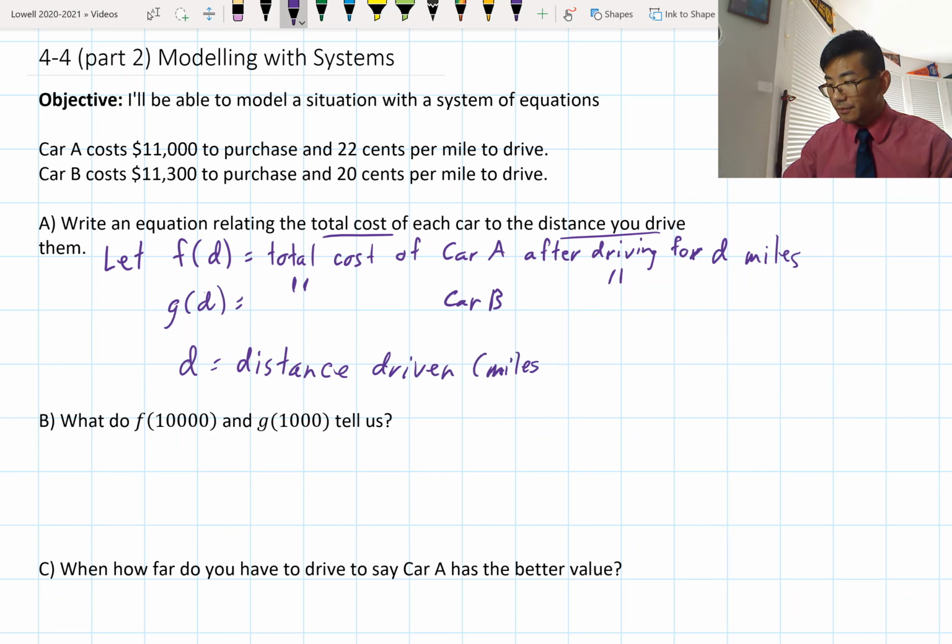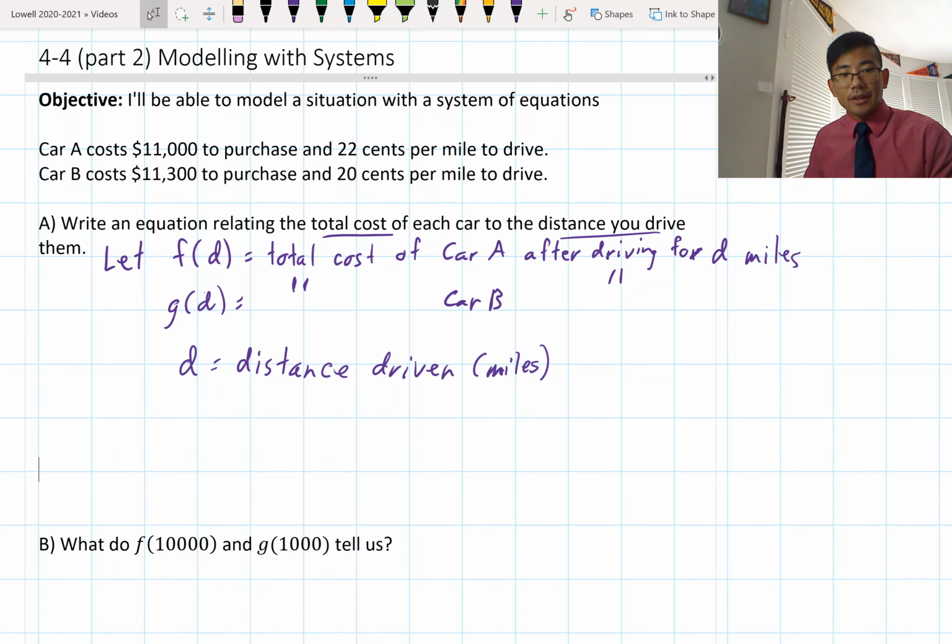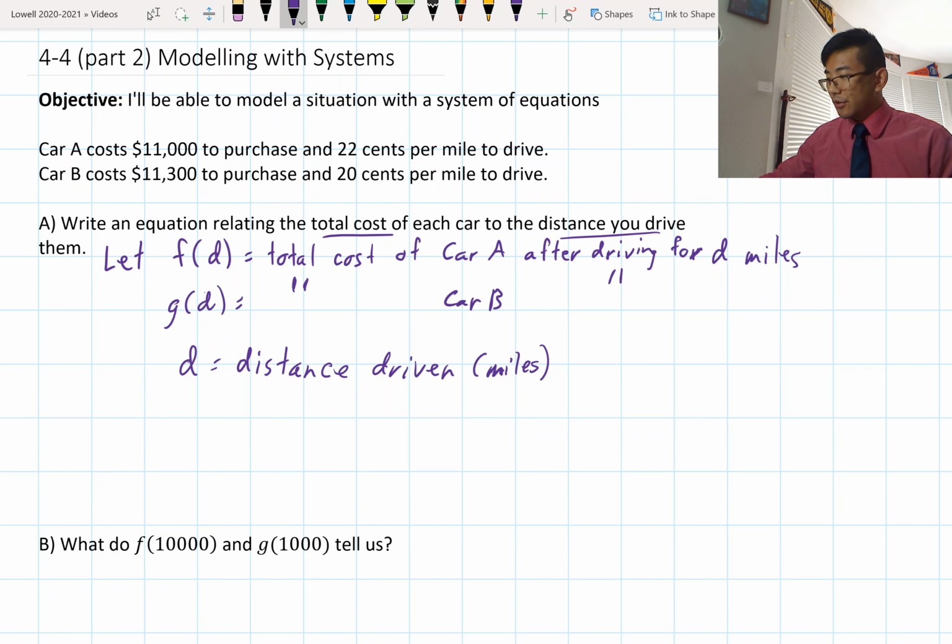Alrighty, I'm going to need a little more space here. Hang on. Alrighty, so I've given us more space. Let's come up with the equations. The purchase cost means you haven't actually driven it yet. You just bought it, so that would be the y-intercept for our line.